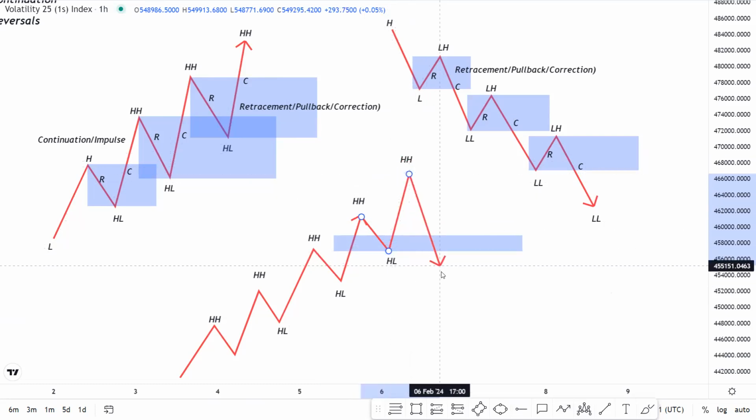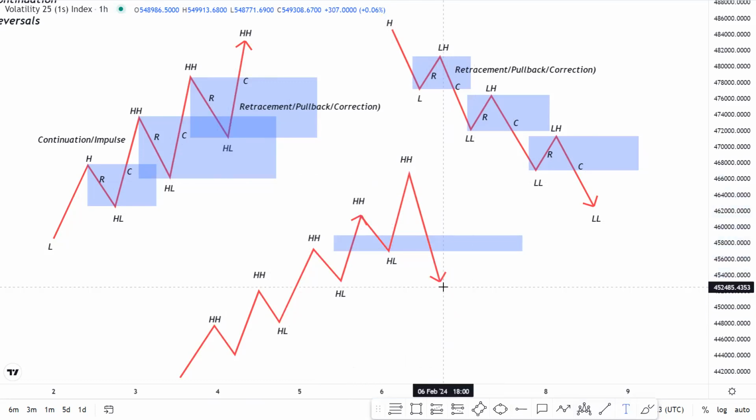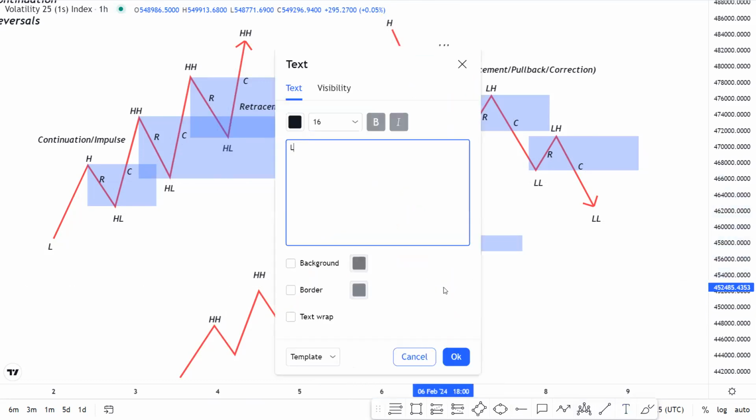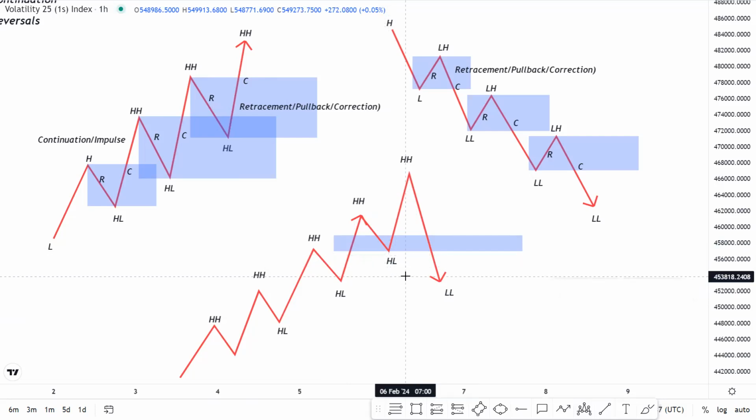So once price makes a strong sell movement that breaks and closes below the most recent higher low, presenting us with a low that is lower than the previous low, this gives us an indication of a trend reversal in the market.